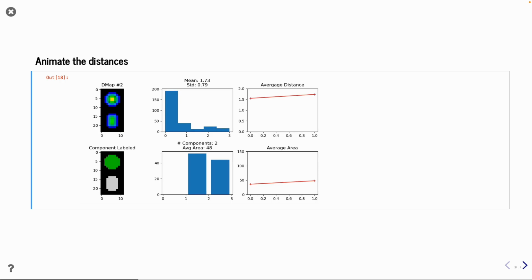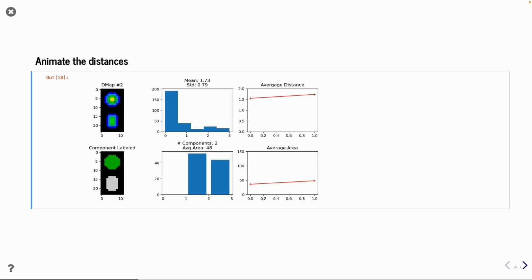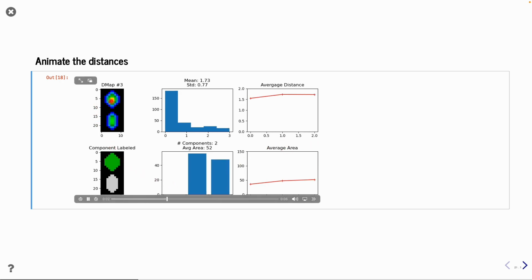We want to look at how a distance map can be used to determine the shape or distributions in an object. If you try two ways, one is to work with two growing objects, and if we compute the distance map, you can see that you have about the same distribution all the time. Whereas if you try component labeling and compute the area, you can see that in the beginning you have two items.